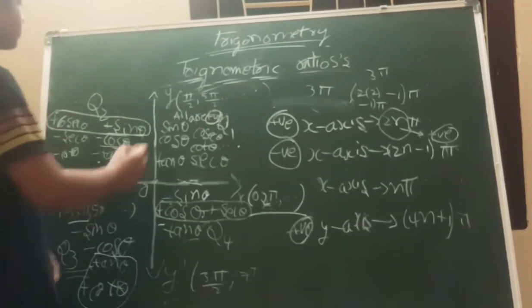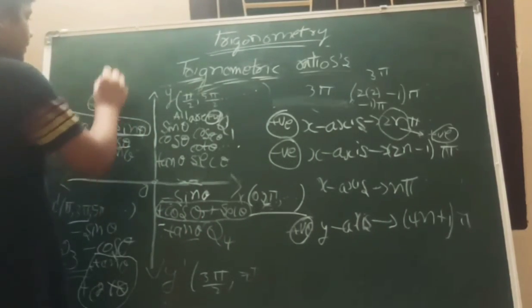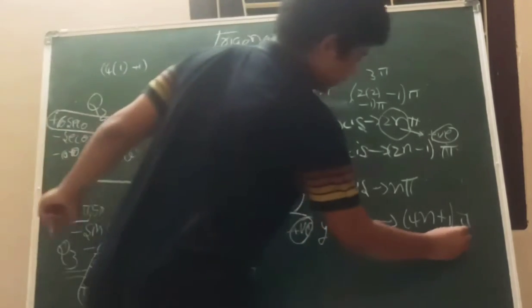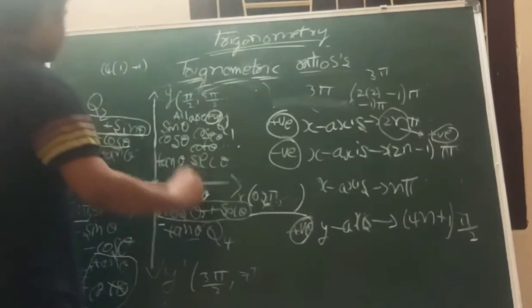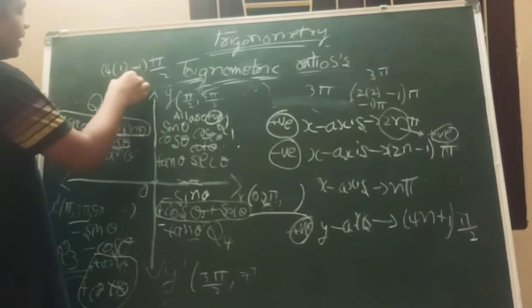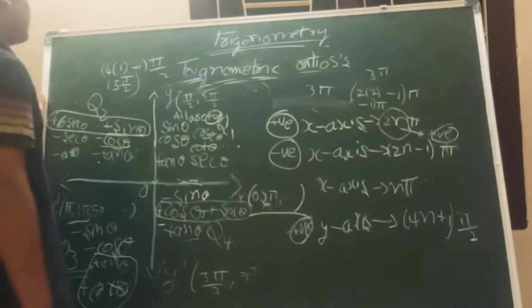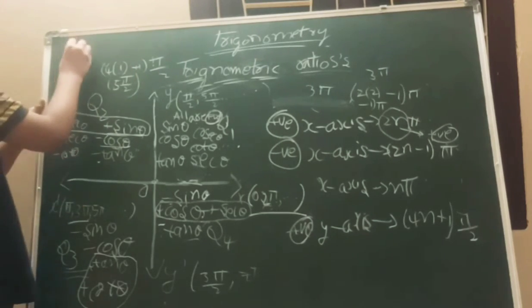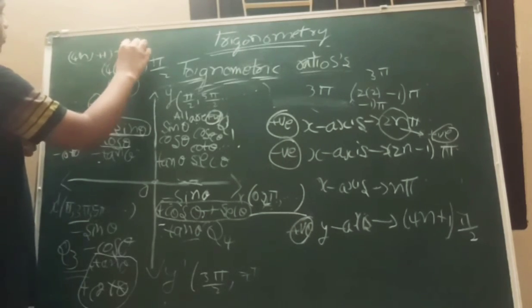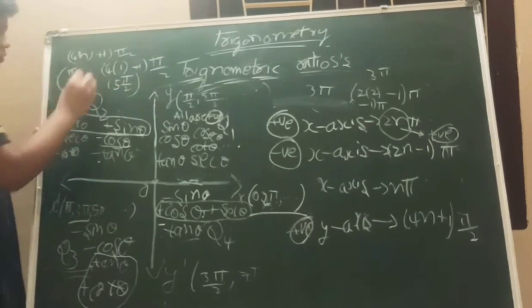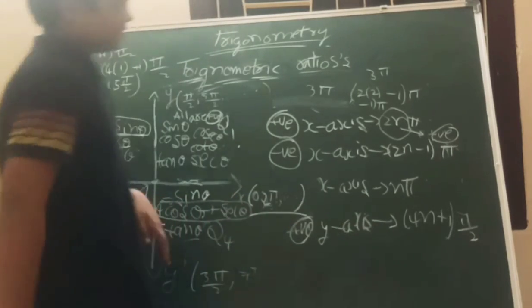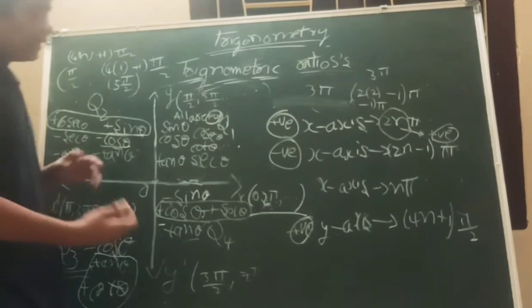If you observe carefully, let us take n equal to 1: (4 into 1 plus 1) into pi by 2 becomes 5 pi by 2. And if you take 0 in the place of n, (4n plus 1) into pi by 2 becomes pi by 2. So hence the general form of the positive y-axis is (4n plus 1) pi by 2.